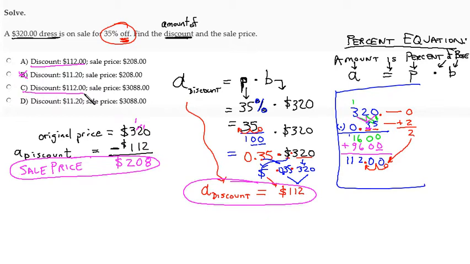C has a discount of 112, and D does not have 112. So the answer is between A and C. Between A and C, which one has the correct sale price of 208? A has 208. Just to make sure, C does not. 3,088 is wrong. So we choose the answer with the correct components. If this was a multiple choice test or a multiple choice final exam, we would be done at this point.